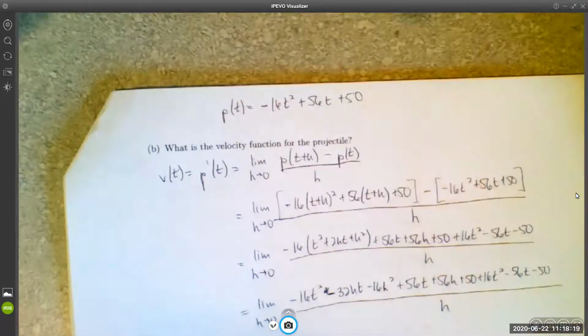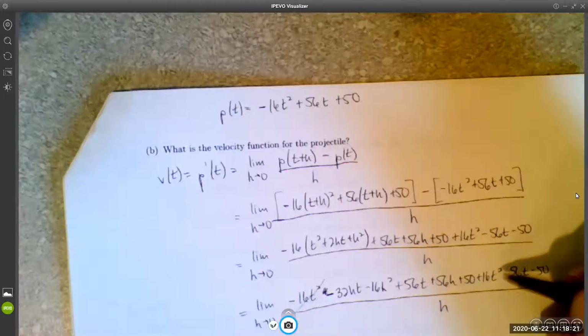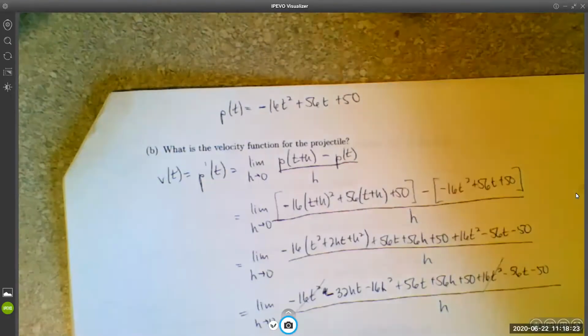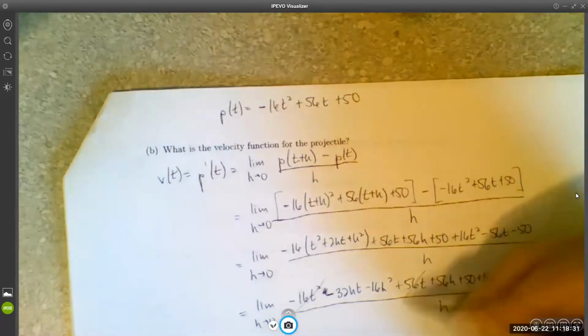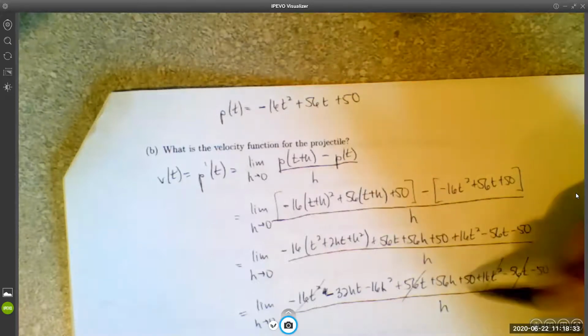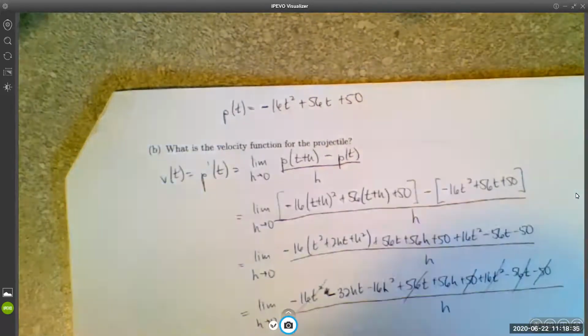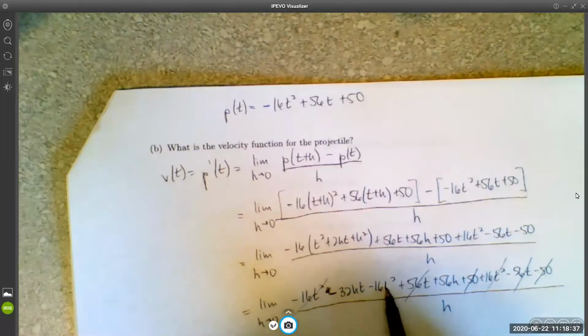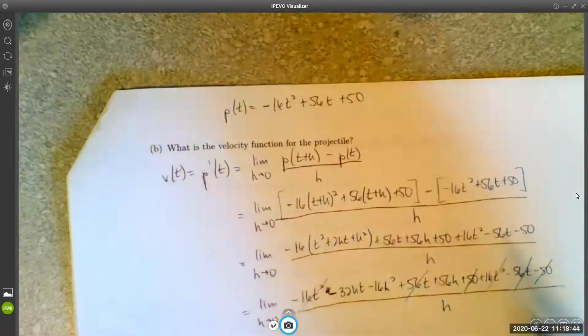And then a bunch of things should cancel. This cancels that. This cancels that. And the three terms that we have left over all have an h in them. So we can factor it out and then cancel with the h in the denominator.